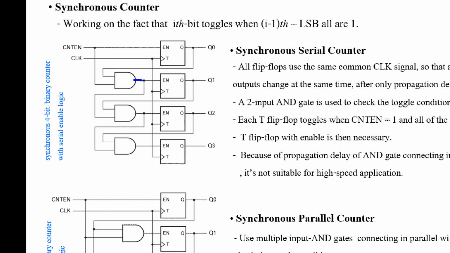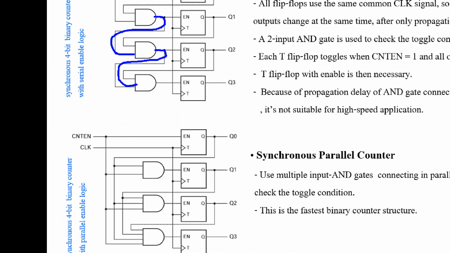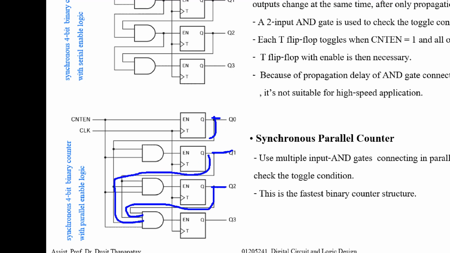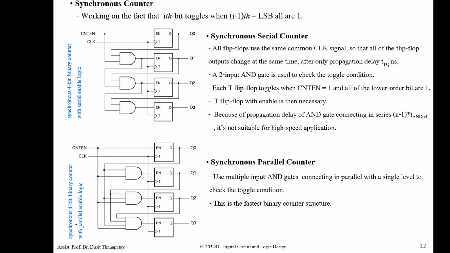For this connection, this output connects to the next input. So it is like a serial connection. But for this one, Q2, Q1, and Q0 are connected directly to the inputs of the AND gate. So it's called a parallel counter. It gives the same result.